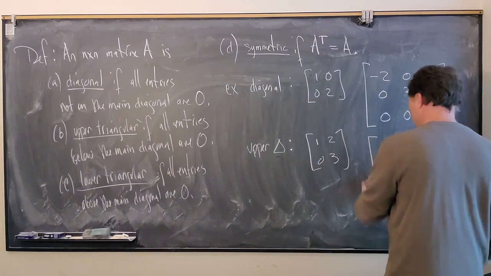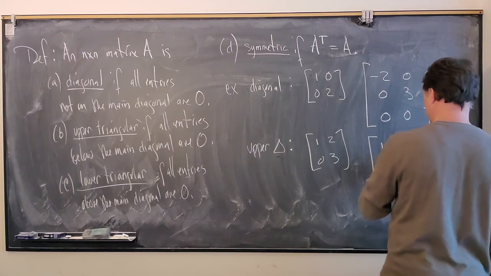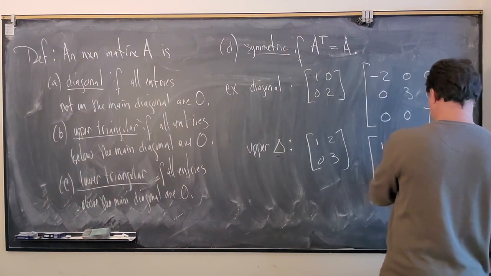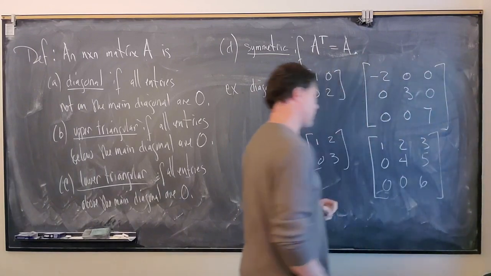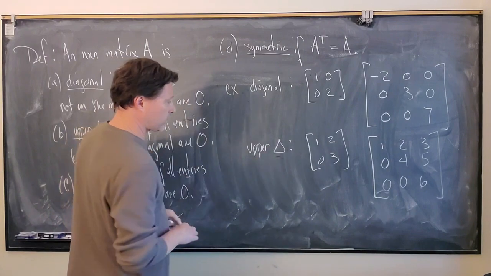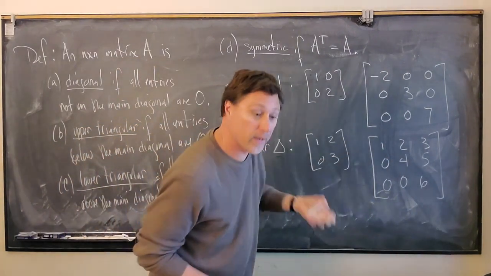Let's do a 3 by 3. How about 1, 2, 3, 0, 4, 5, 0, 0, 6. There's an upper triangular matrix. I'll let you concoct your own example of a lower triangular matrix. Just flip these pictures right here to create lower triangular.